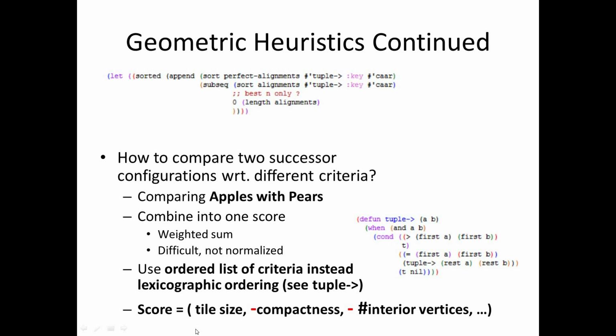We rather use a lexicographic ordering of criteria ordered by importance of the criterion. So tile size being the most important one, then negative compactness, followed by less important criteria, and then we just use lexicographic ordering on these complex scores.